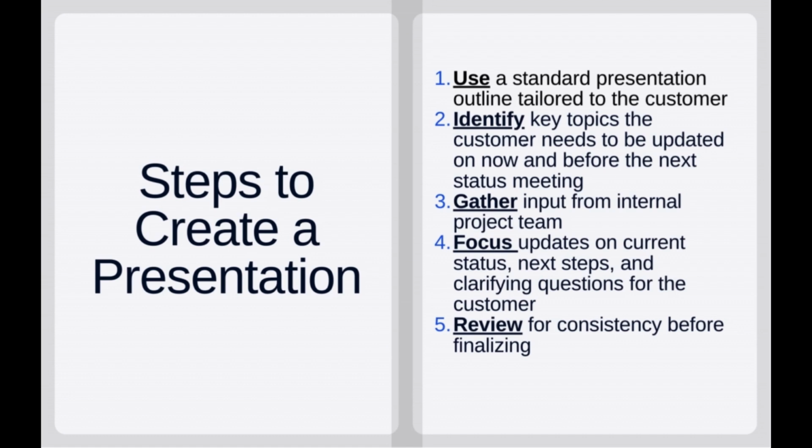As the project manager, you are doing a number of things to ensure that the project is continually moving forward, and you're not always able to track every single status of what's going on in your project. That's what your project team is for.